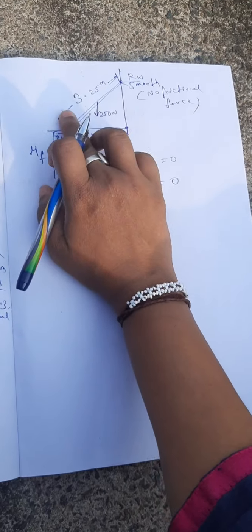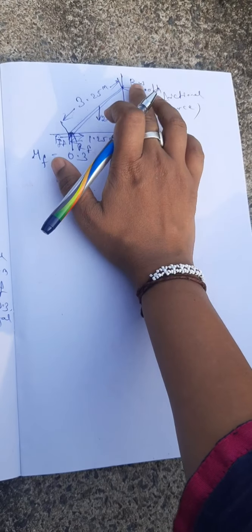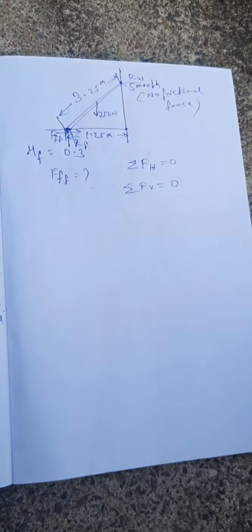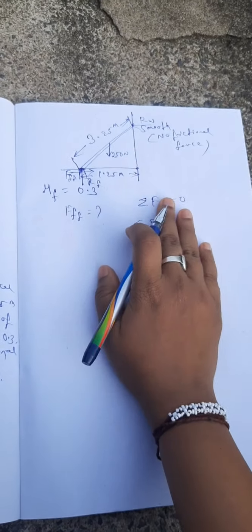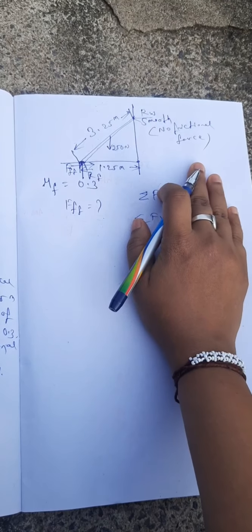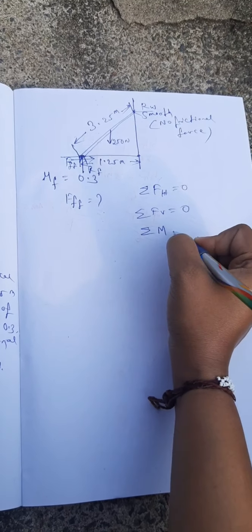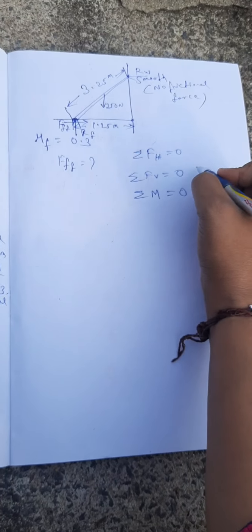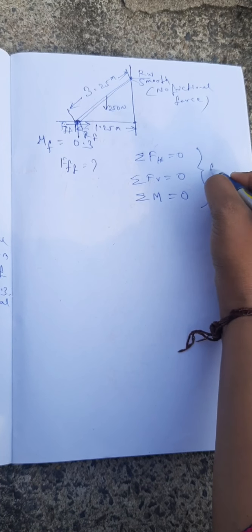Here all the forces are not concurrent, so there will be some moment due to individual forces. So to keep the body in equilibrium, we have to balance the moment also. So net moment equal to 0. These are the three essential conditions for equilibrium.